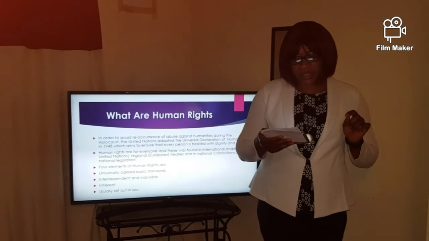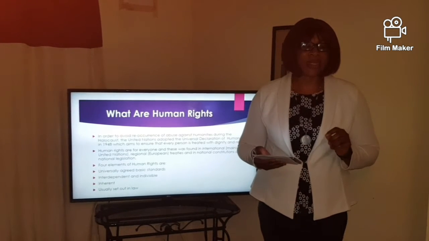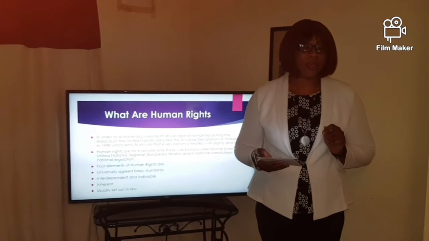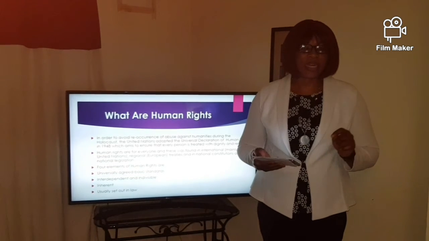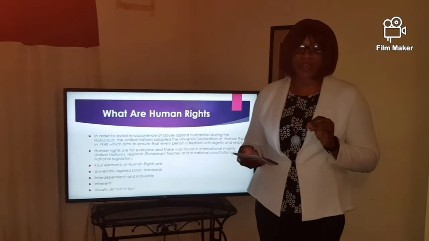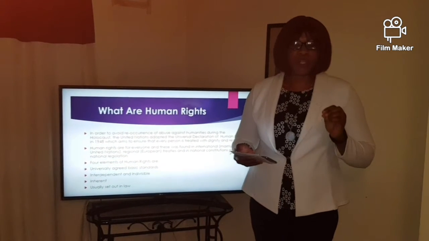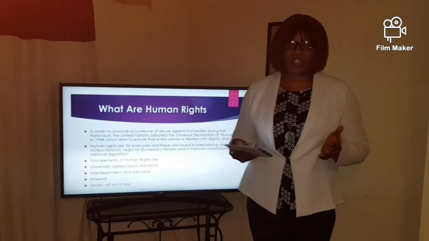We have the second one, which is interdependent and indivisible. This means that rights are linked, and not protecting one right may impact on another. Example, failure to protect the right to health may affect the right to life. We have the third one, which is inherent, which means that it belongs to all without discrimination.